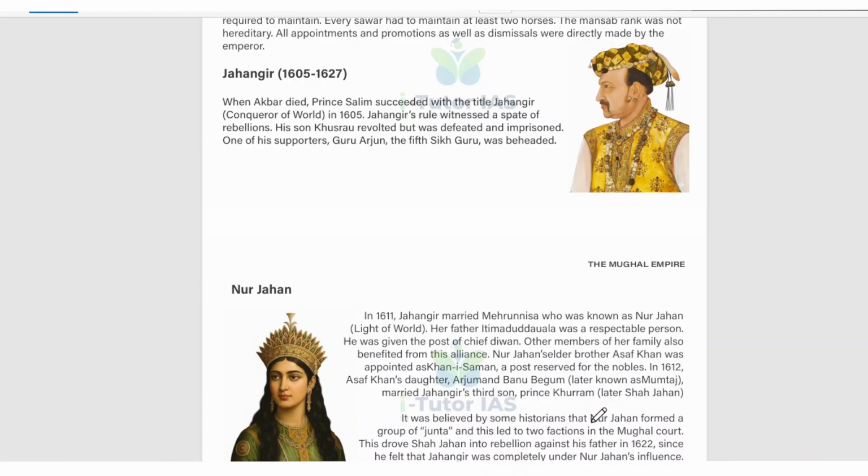In 1612, Asaf Khan's daughter, Arjumand Banu Begum, later known as Mumtaz, married Jahangir's third son, Prince Khurram, later Shah Jahan. Mumtaz and Shah Jahan's love story has its symbol in the Taj Mahal in Agra.